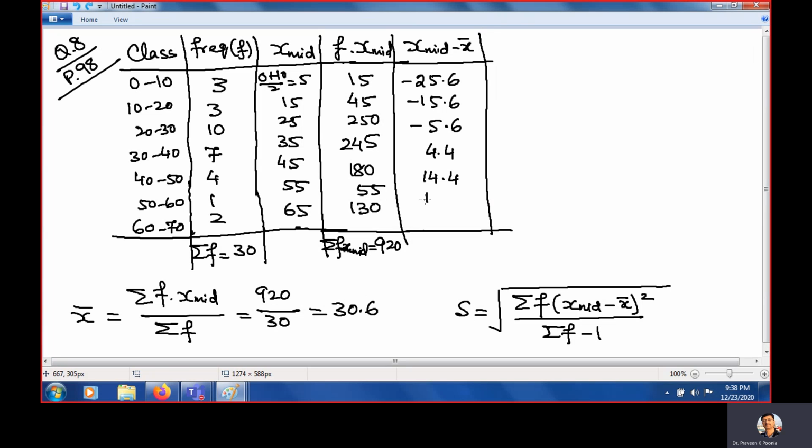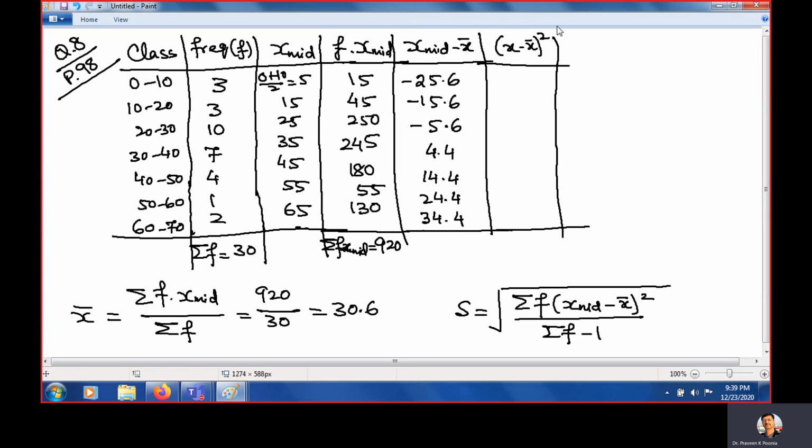Just wait. Correct: 4.4, then 14.4, then 24.4, and then 34.4. Oh yes, now correct. Clear? So after evaluating this, you need to find the whole square of all of this. It is x mid minus x bar whole square.